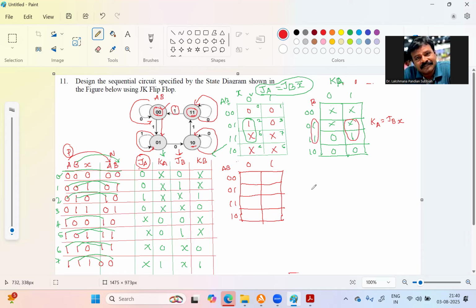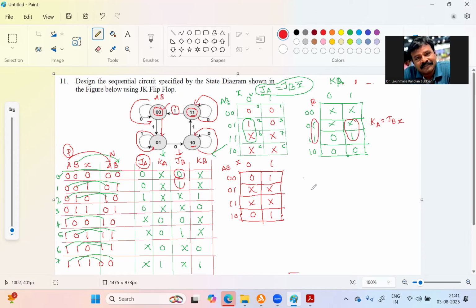AB, this is X, right. Now JB, so here 0, 1, this 0 and this is 1, then here X X, then we are having 0, this is 0, and this is 1, then here X X.